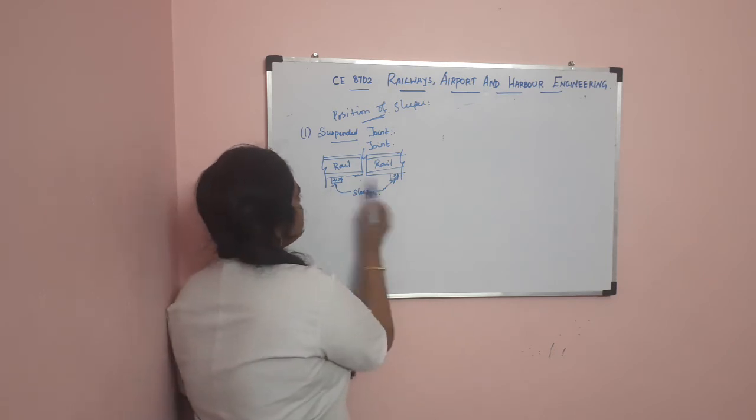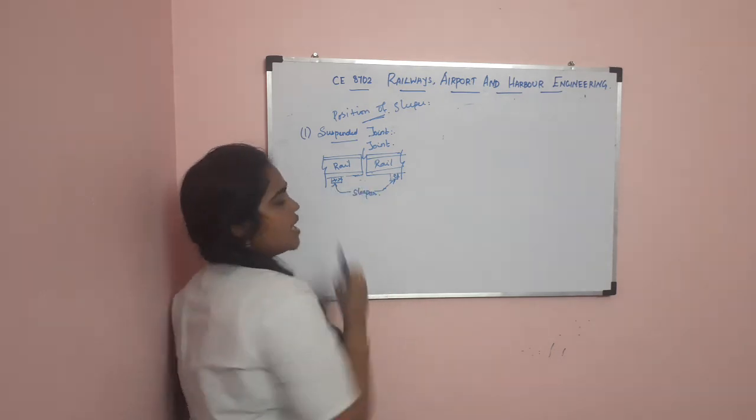Between two sleepers, one joint is placed, which is known as suspended joint.